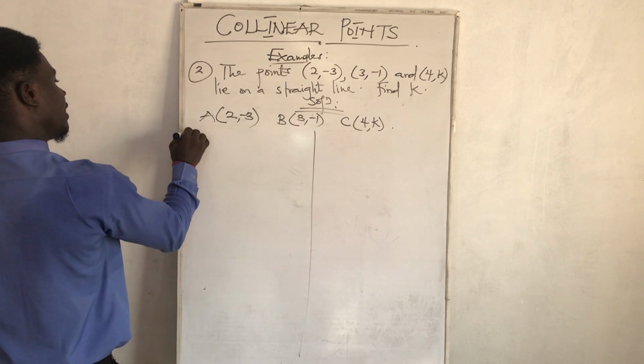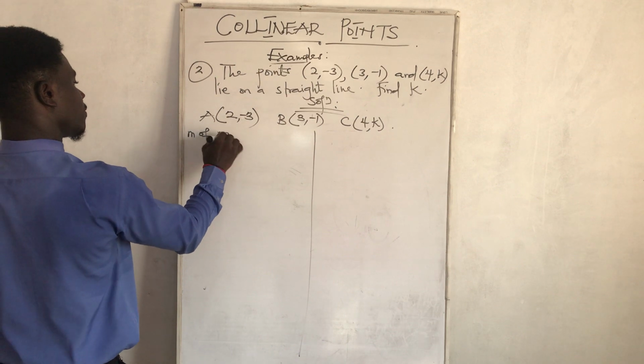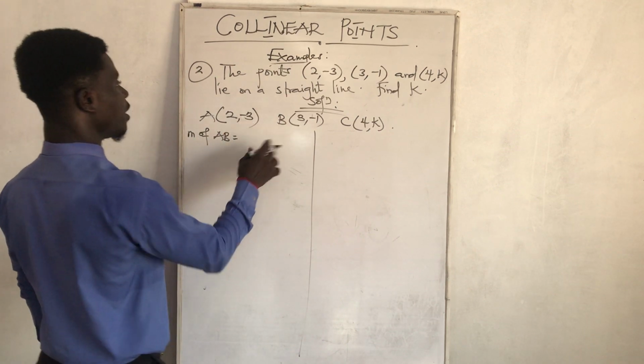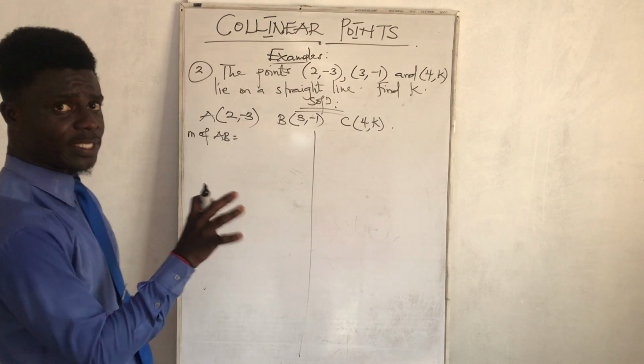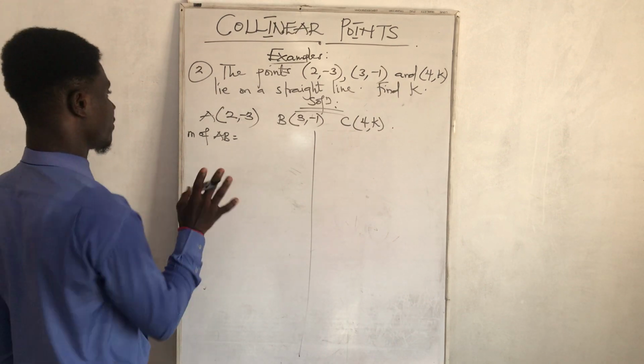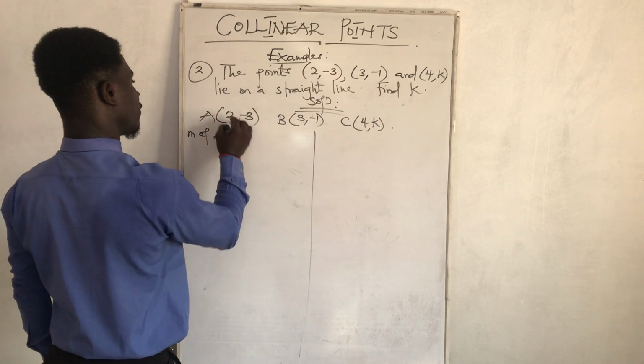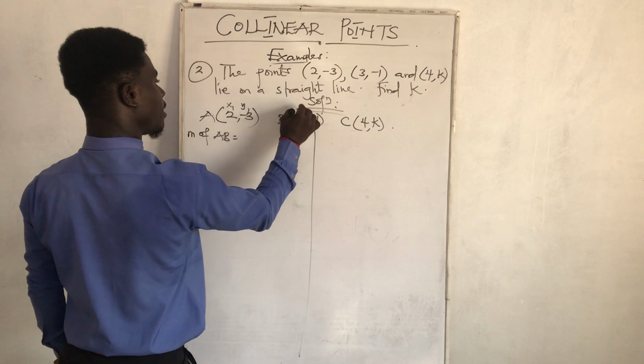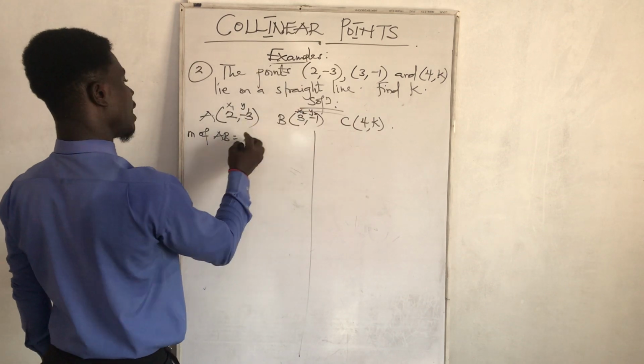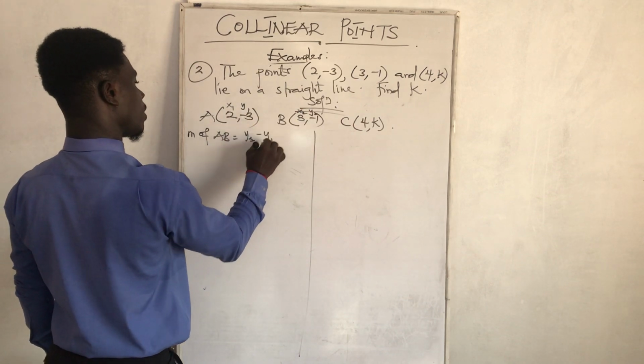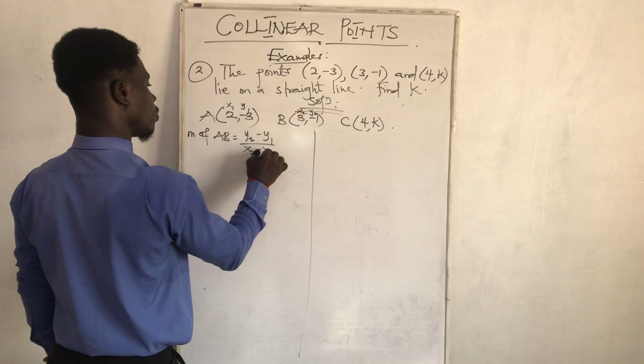So we can say gradient of AB. If they lie on the straight line, then their gradients are the same. So gradient of AB, with x1, y1, x2, y2, is y2 minus y1 all over x2 minus x1.